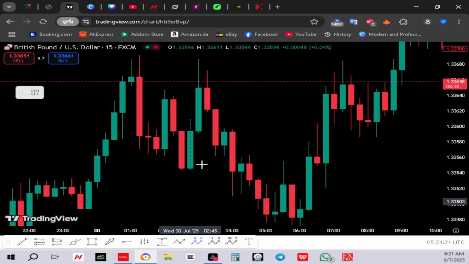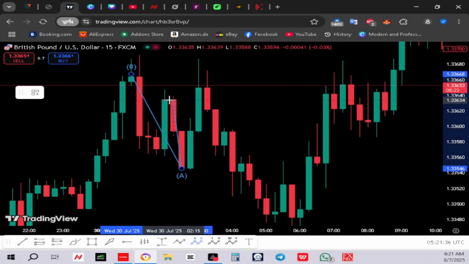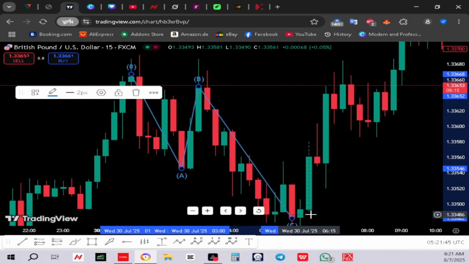If I'm to count this here, I will say that I have my trend. I'll call entirely all of this simple downtrend structure here a single bearish structure, right? So I'm going to have this as one, right? Then the bullish structure that break away from this level, I'm going to have it as my 2 or my B point, and I'm also going to have entirely this bearish structure as my 3, which is my C point as well.